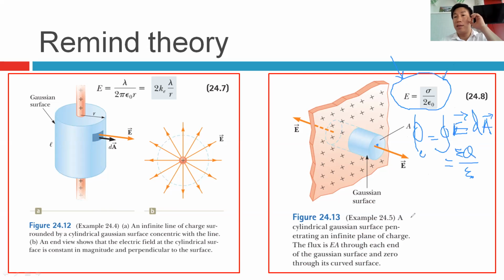We choose the Gauss surface. In this case, we choose the Gauss surface as a cylinder. The cylinder covers one part, one area of the charged surface here. You got it?